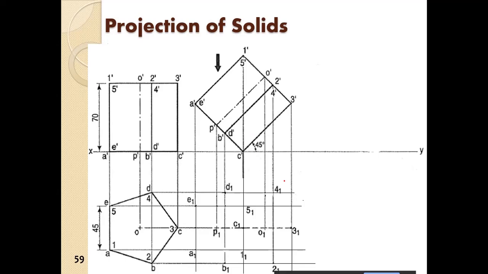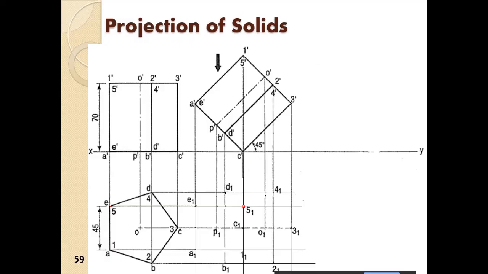Now we have to make the face of the prism. So here you see, when it is inclined, we have this face here. So 5 dash is projected down here. We see 5 dash here and 5 here, the projection here.